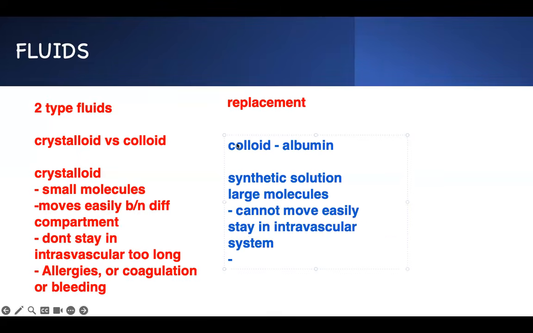And what do they do? They increase the oncotic pressure, and by doing that, they pull fluid out from places, probably the interstitial space. So they can pull fluid out of those spaces, the intra-abdominal space, every place that you have edema, and put it in the intravascular system, and they stay there. That is their main function. This is briefly what you need to know.